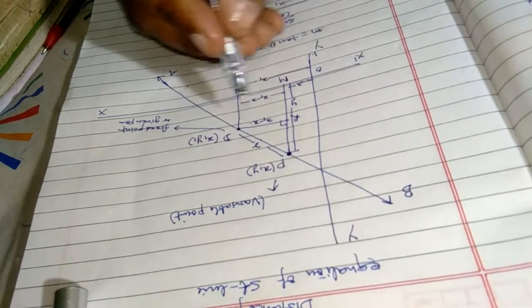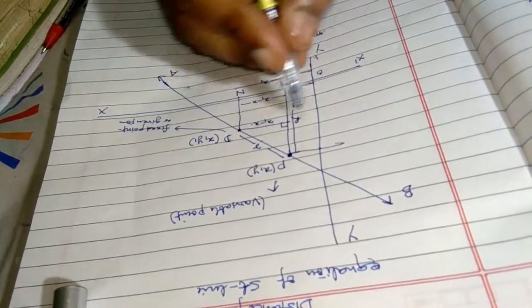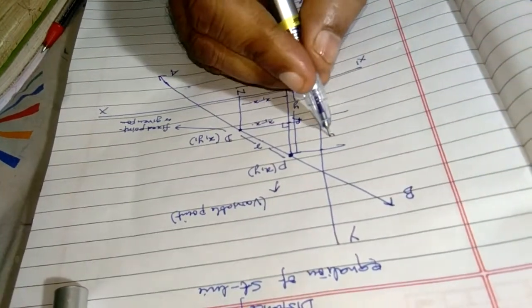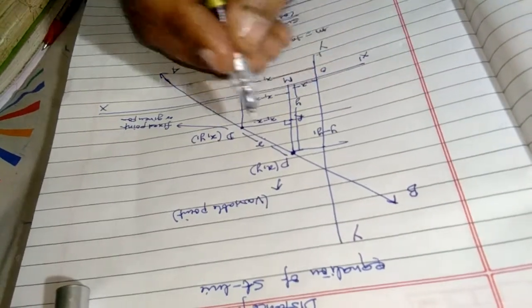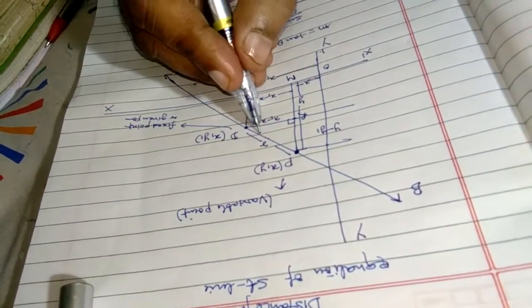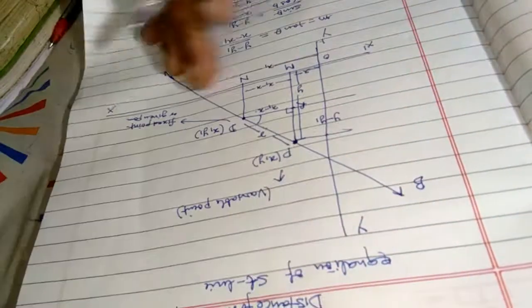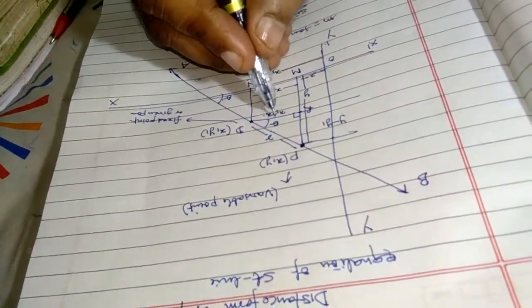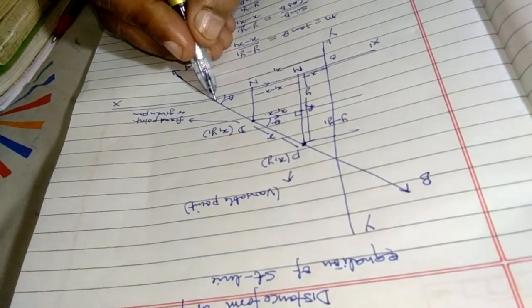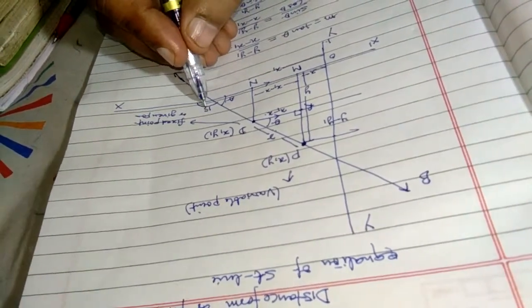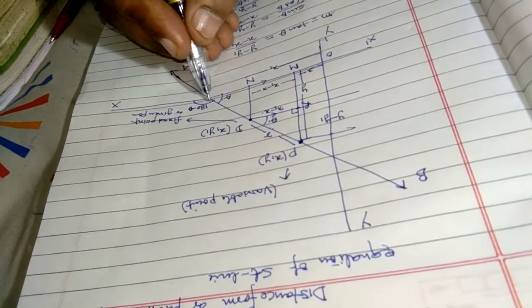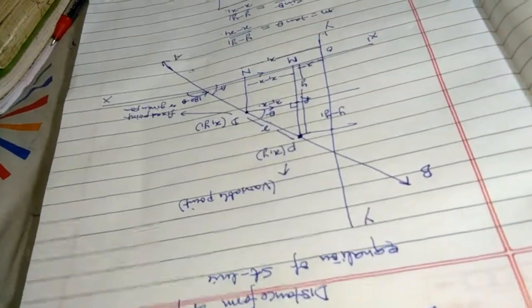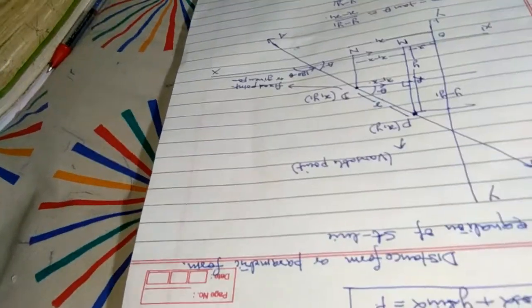It is a rectangle. Similarly, this value PR is equal to y minus y1. Suppose this angle is theta, because both are parallel lines, and this angle is 180 degree minus theta. So here the positive angle is 180 degree minus theta.